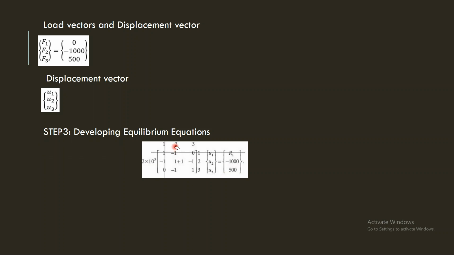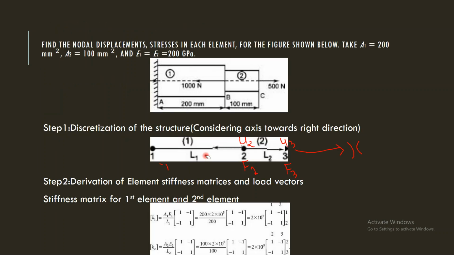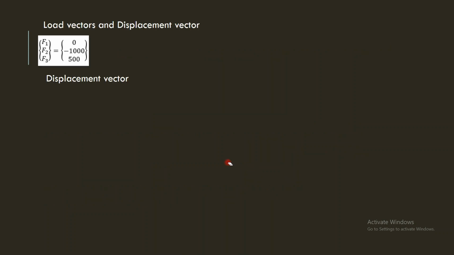If you go back to the previous location, 2, 1 is nothing but minus 1, and for 3, 1 we don't have any connectivity. If you observe the first stiffness matrix, we don't have any connectivity 3 to 1. In the second matrix also, we don't have the connectivity 3 to 1. That's why it should be 0.